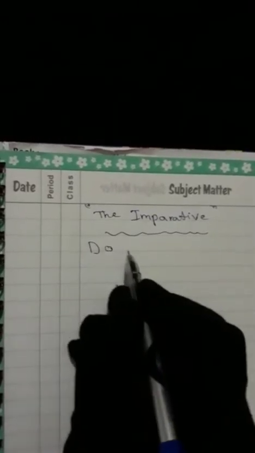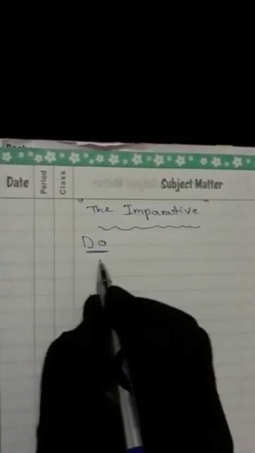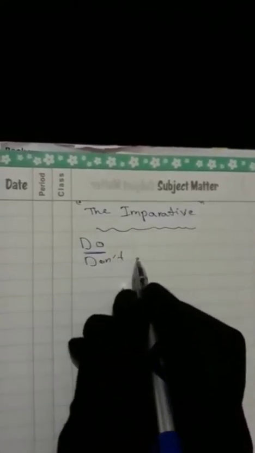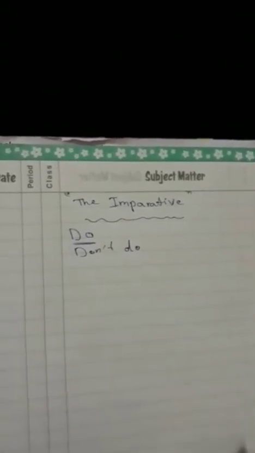And another point, in the imperative form we use the verb at the beginning of the sentence. For example, I say do. This is the affirmative form. Do, but the negative form is don't do. Do this, don't do that.